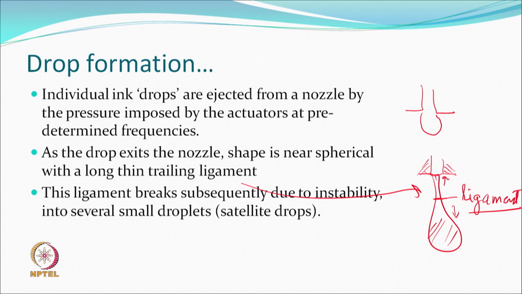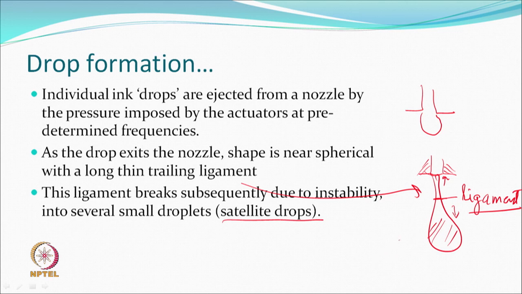We expect that the ligament breaks subsequently due to instability, because there is gravitational force and the push which is taking it away. While it is breaking, it may also create what we call a satellite drop, small droplets also.